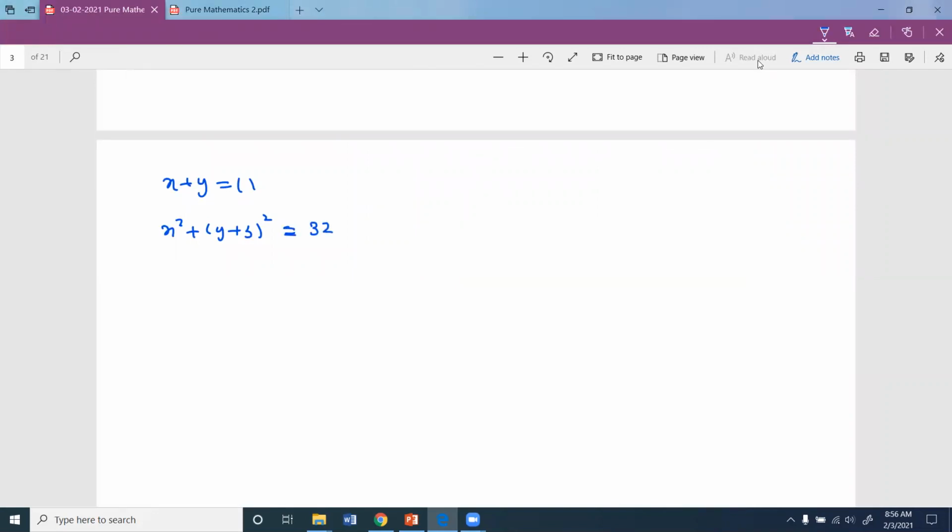So we have to show that it has only one intersection. When discussing intersection, we have to solve these two equations as simultaneous equations.